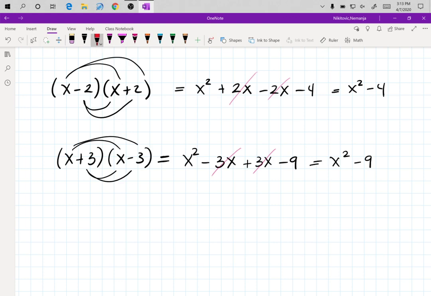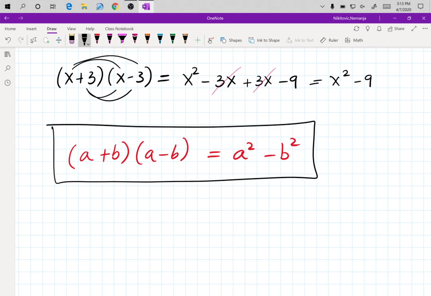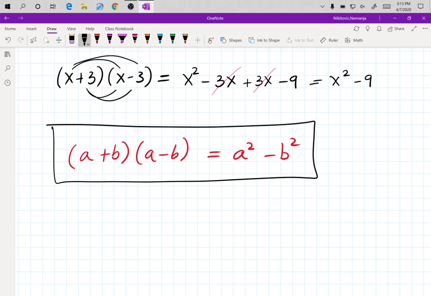So if you have a plus b times a minus b, the answer will always be a squared minus b squared. And this is a formula which we are remembering. This is one of the special products, and if you know this formula, you do not have to compute anymore. You can just write out the answer.